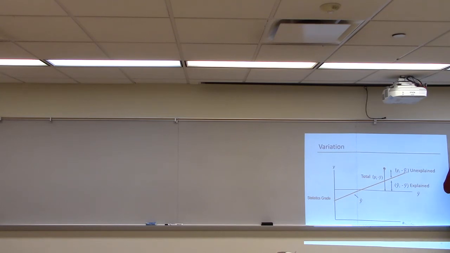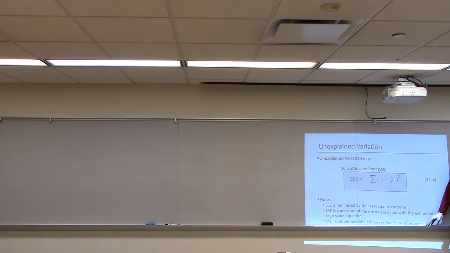And I'll stay here for a minute. I'm going to go to the next slides, but I'll come back to here just to make sure that doesn't confuse you. Question. Yes? Regression is unexplained or explained? Sum of squares regression is explained variation. So think of it, what does the regression line explain?